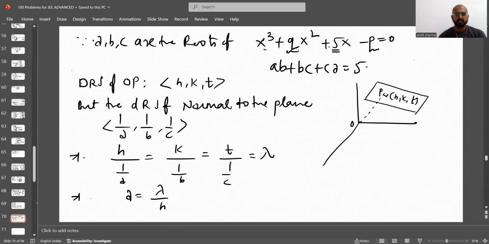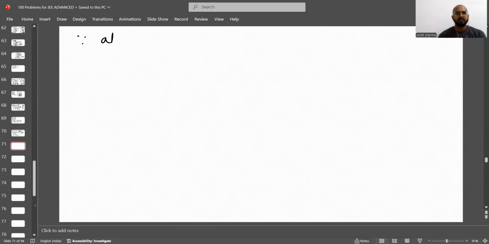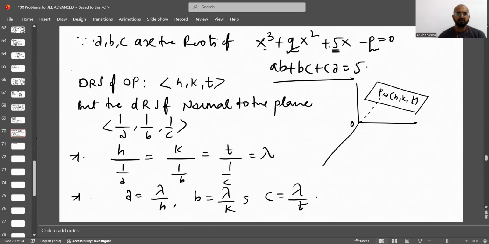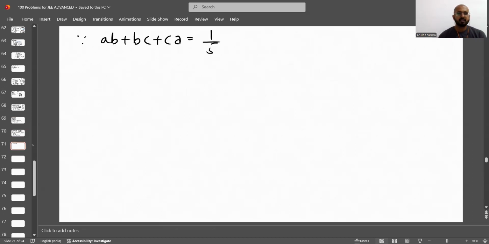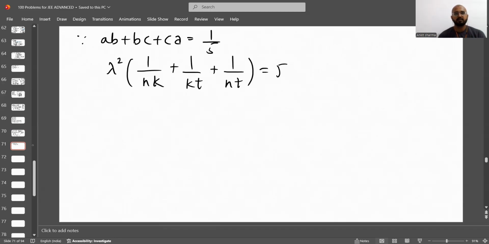Reciprocal, so lambda by H, and B is equal to lambda by K, and C is equal to lambda by T. Now we can use this information to get rid of A, B, C. Since AB plus BC plus CA is equal to 5, AB is lambda square over HK, and so I have lambda square into 1 over HK plus 1 over KT plus 1 over HT is equal to 5.